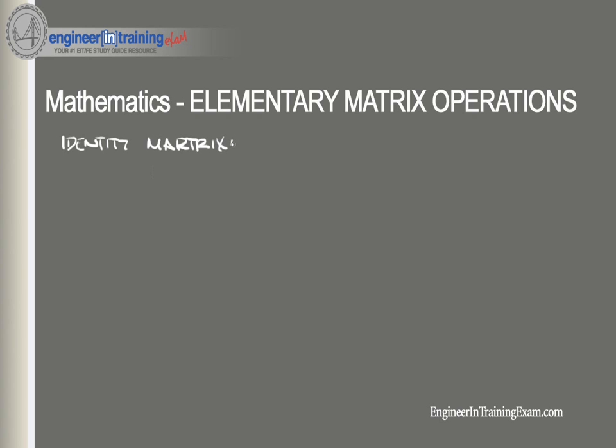Say a 2 by 2 matrix. This is an identity matrix where we have 1 in the diagonal and 0 elsewhere. Now if we're looking at a 3 by 3, it would look something like this. 1 in the diagonals and 0 elsewhere. So those are identity matrices.